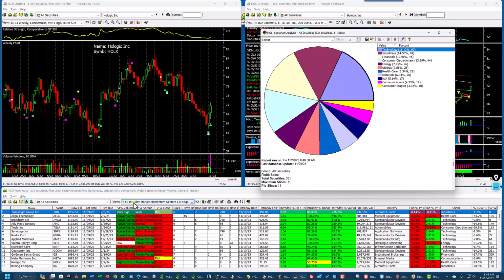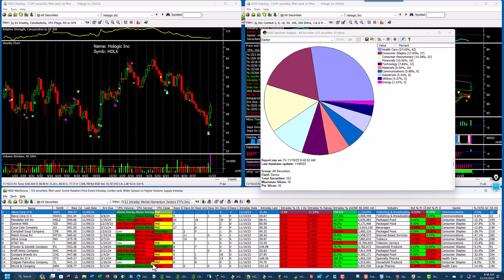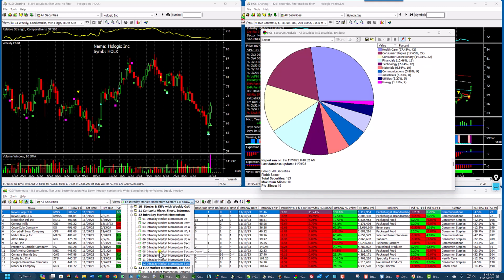Let's see what's happening on the downside. Healthcare is the largest group being hit, then consumer staples, consumer discretionary, and so on. But this is just a quick read on the stocks that are contained in the ETFs, which is where the institutional action is. Let's go back to the positive side here.